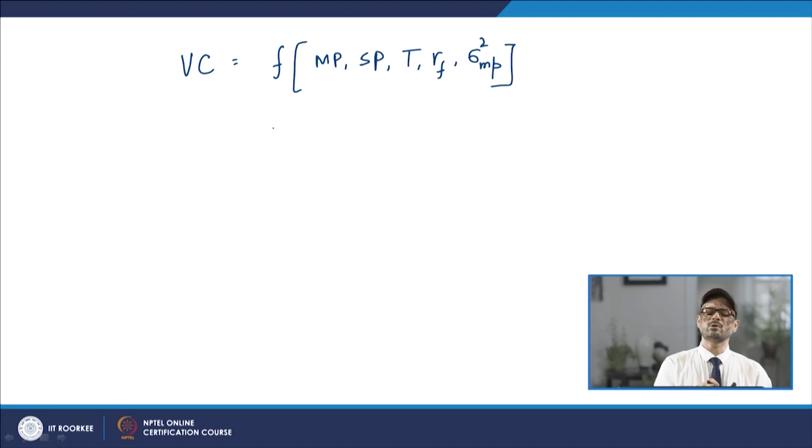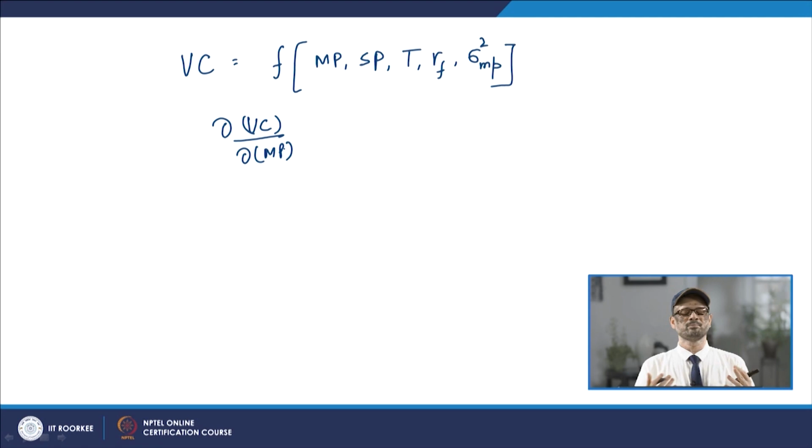Take the market price: if the market price is more, the value of the call option will be more. So dou of VC upon dou of MP will be more than 0.